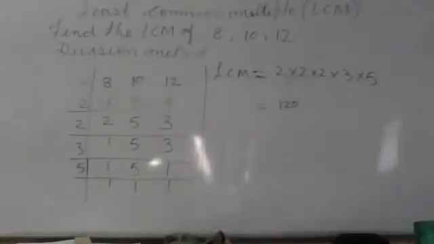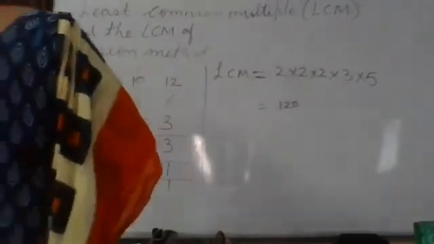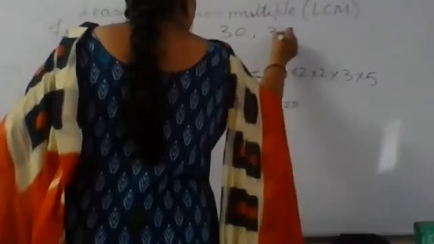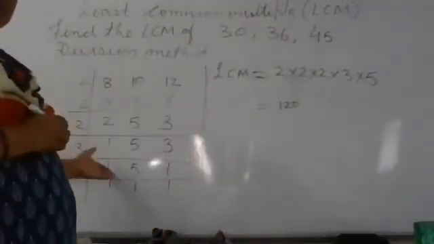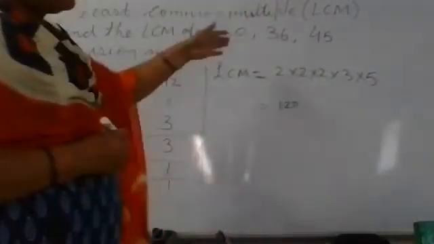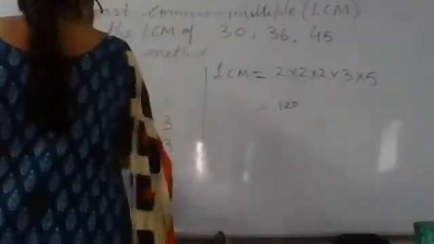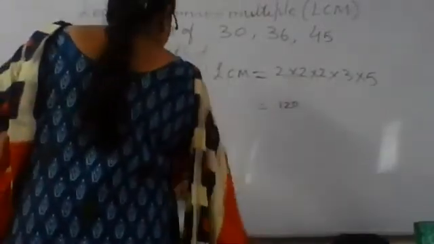So let's see one more example. Find the LCM of 30, 36 and 45. Okay, so again we will apply the common division method. We will take all the numbers as they are, simultaneously.